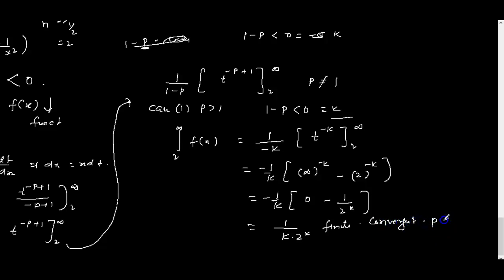That is when p is greater than 1. Similarly, it will be convergent also when p is less than or equal to 1. Why? Because if you put p less than 1 here, you can check. Let's consider 0.5.